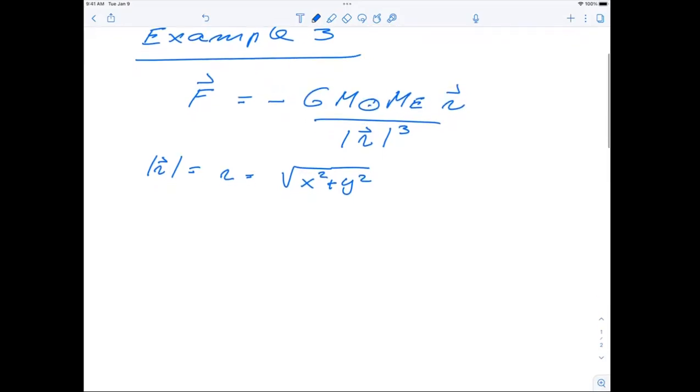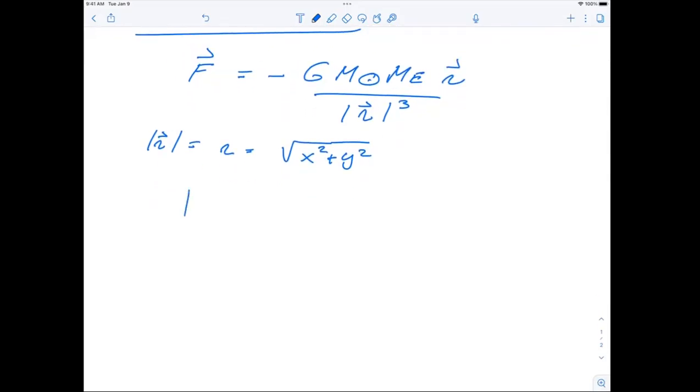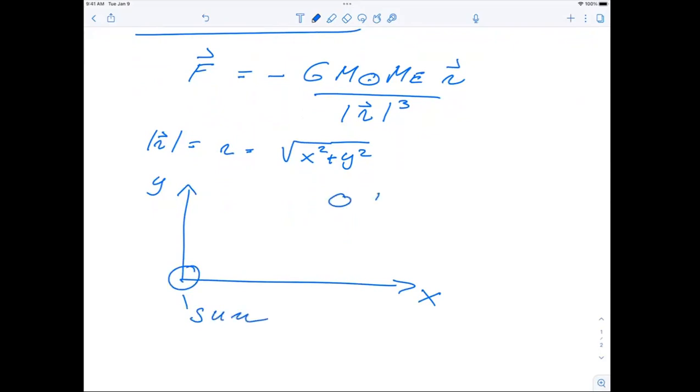And now, when we set up a coordinate system here, you could think of having a 2-dimensional coordinate system, and we would have the sun here, and then we would have the earth here, and this would be the distance from the earth to the sun in this coordinate system.